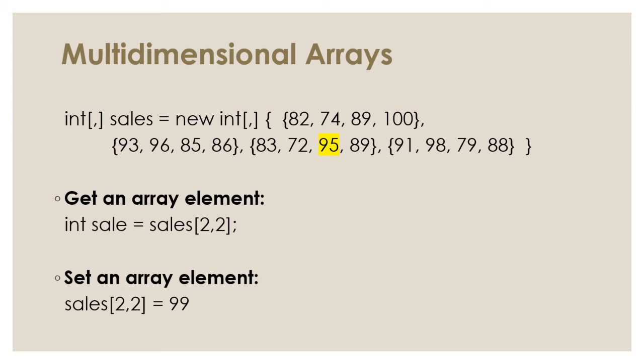So we have int, and then open bracket, comma, close bracket, grades, which is the name of the array, equals new int, open bracket, comma, close bracket. Then we have a curly brace, another curly brace within which we have our first row in the multidimensional array. Those 5 elements of data, a closing curly brace, then a comma, and then the following 3 rows.